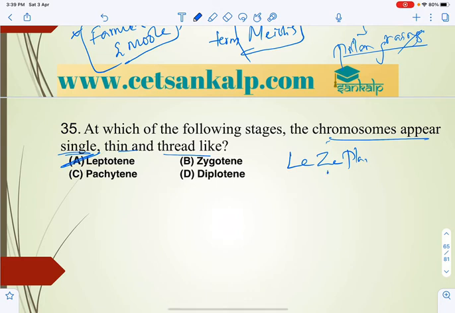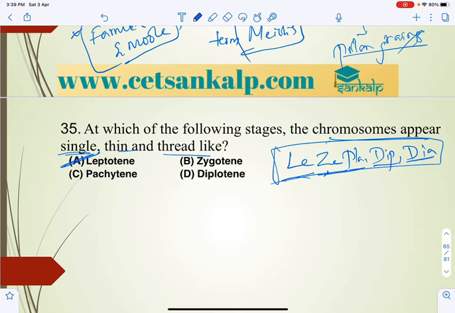Unfortunately the zebra can't swim properly, so it sinks in water and dies. So you can remember LAZP dip dia, the arrangement in sequence: leptotene, thin threads; zygotene, paired threads; pachytene, thick threads; diplotene, 2 threads. And finally diakinesis, where terminalization of chiasmata occurs.